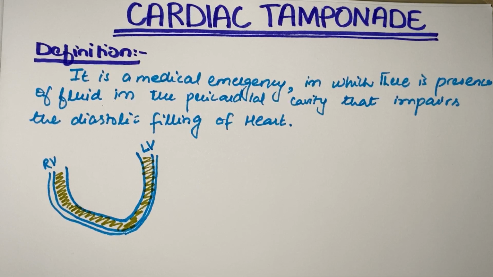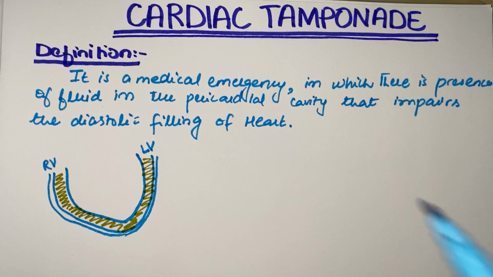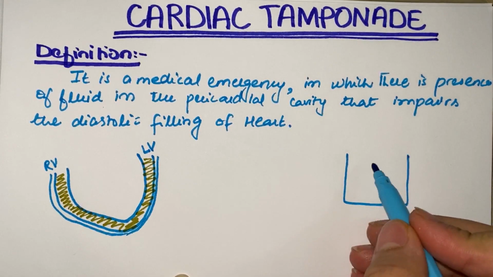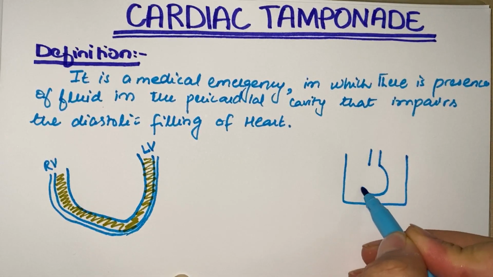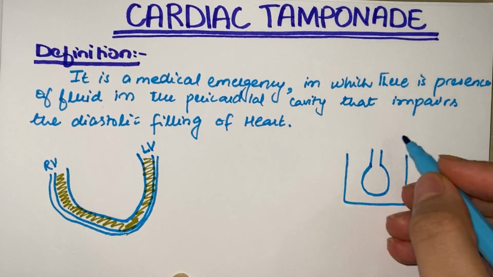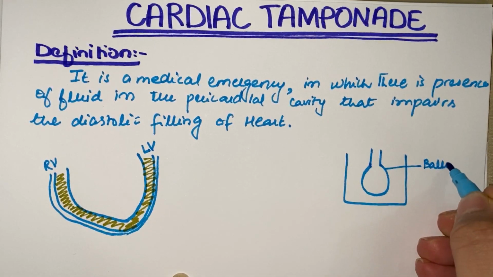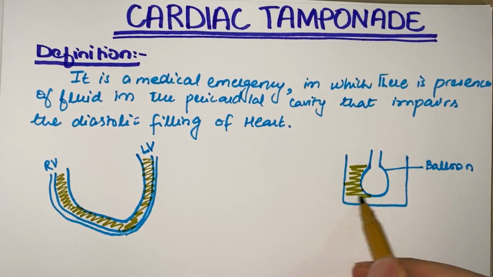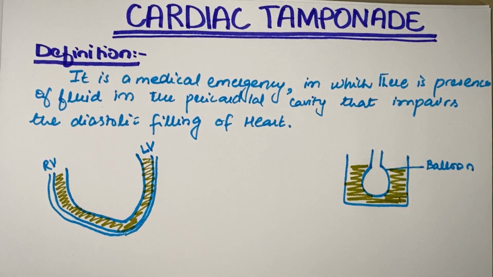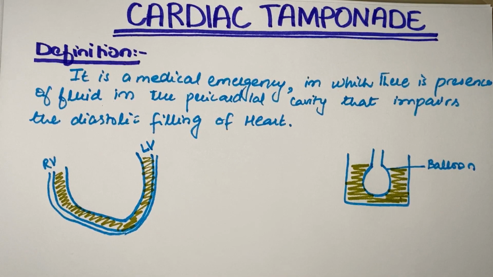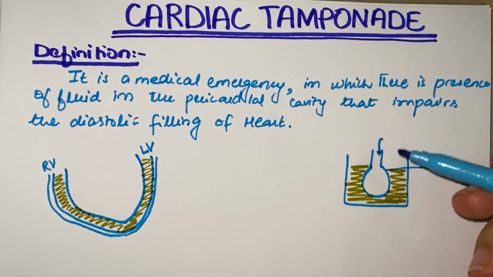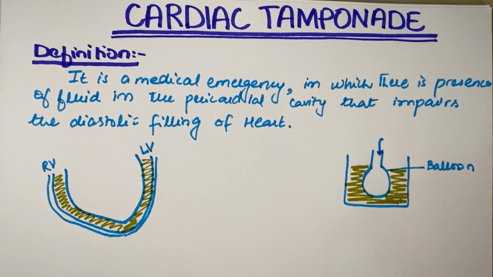Now, to understand this concept, just imagine a tank which is full of water and I have placed a semi-inflated balloon within it. So this is a balloon and this whole tank is filled with water. Now just imagine that I am trying to fill air in this balloon, to inflate it.